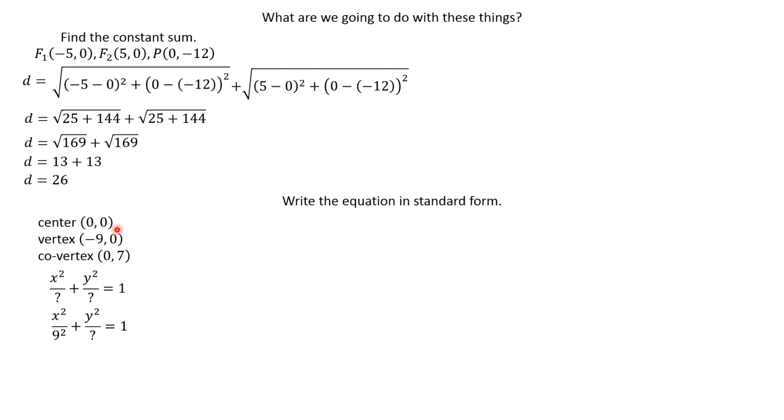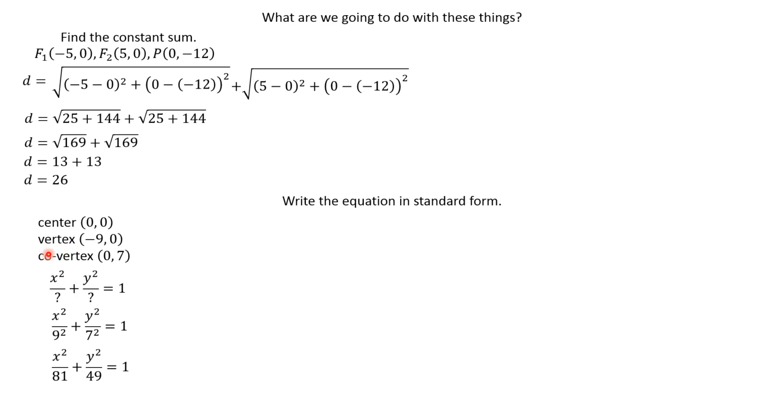And in the covertex, we went 7 in the y direction, so underneath the y squared, we're going to get 7 squared. And then just square them. 9 squared is 81, 7 squared is 49. We get x squared over 81 plus y squared over 49 equals 1. There's the equation in standard form.